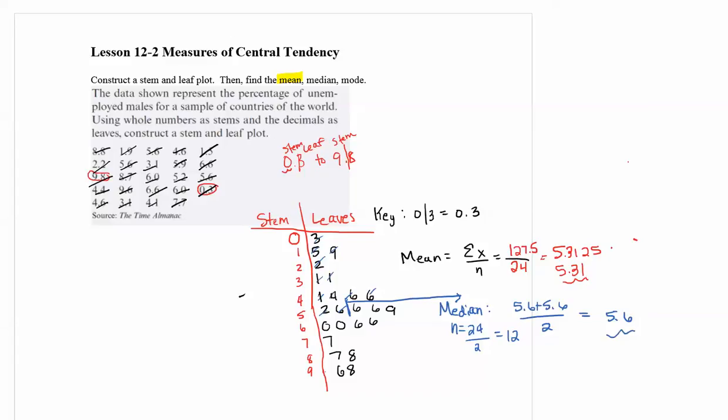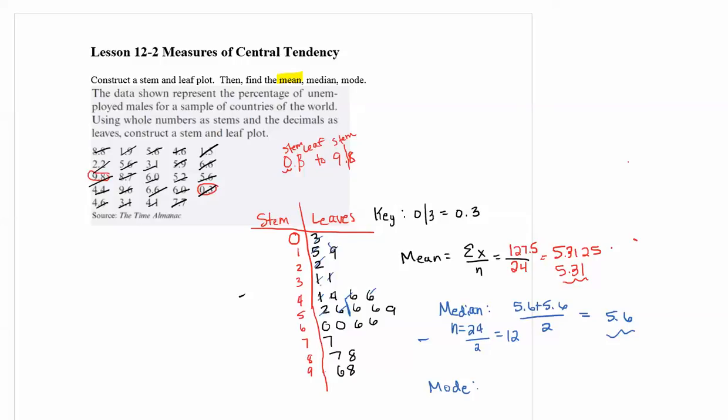Now let's find the mode. Mode is most often, so in a stem plot we're looking for repeating leaves. I want to point out that you don't just look through all of the numbers and look for a number that repeats within the whole data, because the repeating leaves could be two different numbers.